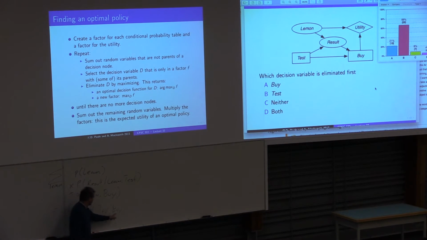This one here is only in a factor with some of its parents. The only thing that's in the factor is some of its parents. The answer here is buy. This thing here is a subset of the parents of buy.